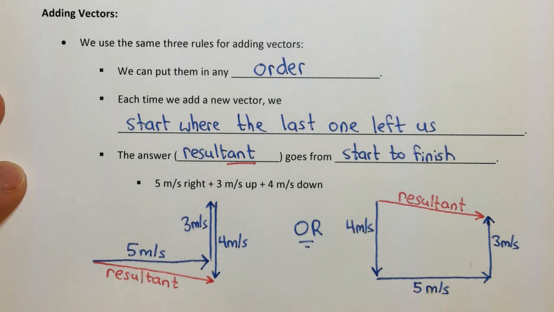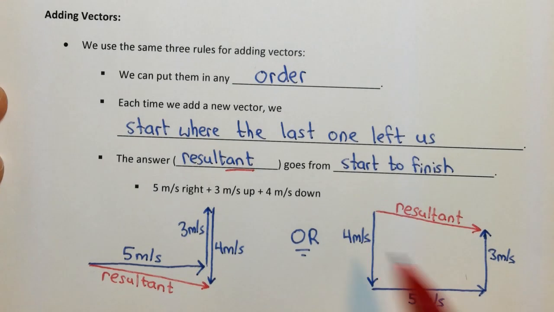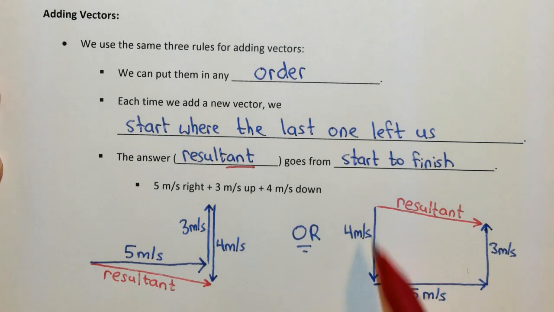If this was all meters per second squared instead of meters per second, again, I draw it the exact same way. I just write the units as meters per second squared. So the units don't really make a difference in how I draw the vectors. What's important is that the length of the vector represents the magnitude. So vectors with more magnitude, like this 5 over here, need to have more length.